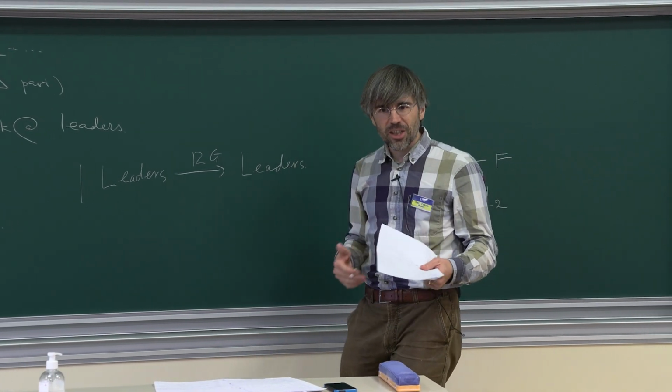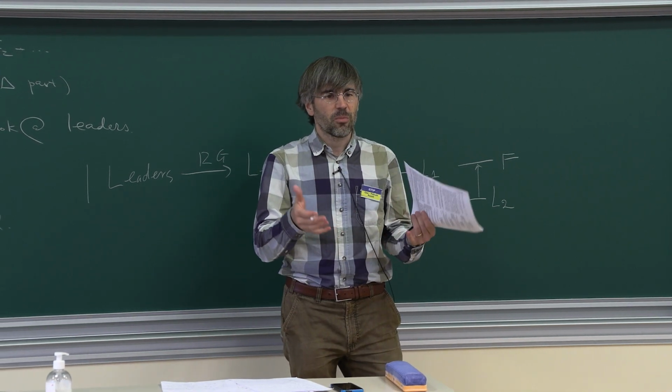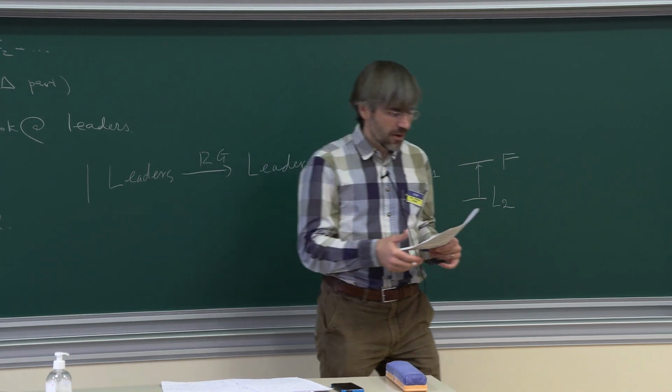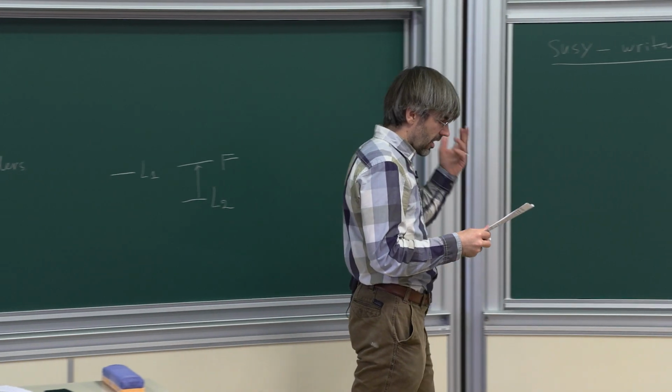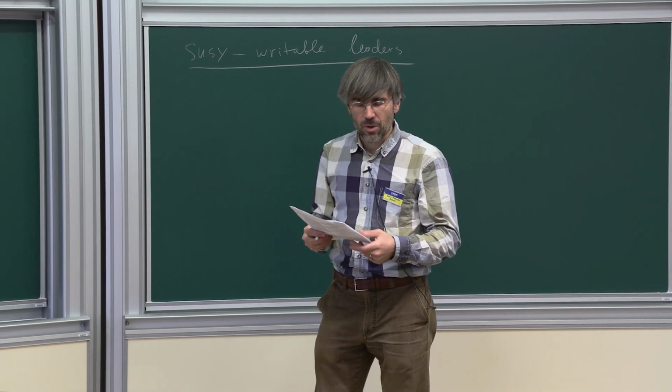So it means that within the supersymmetric theory, the SUSY writable leaders should correspond to some particular class of symmetric operators. What are these symmetric operators? We have found the answer to this question.